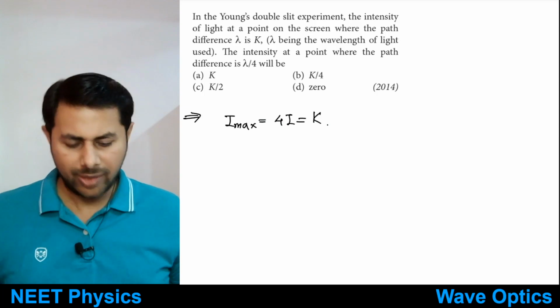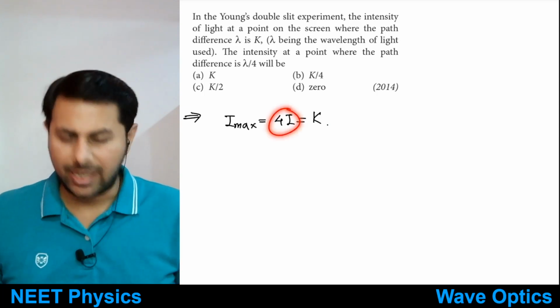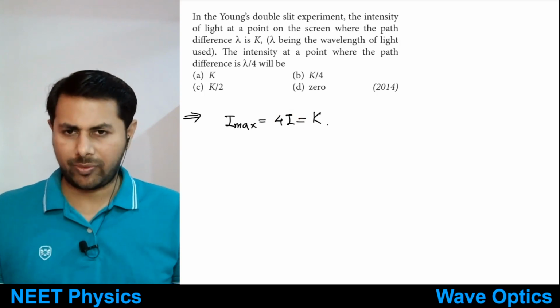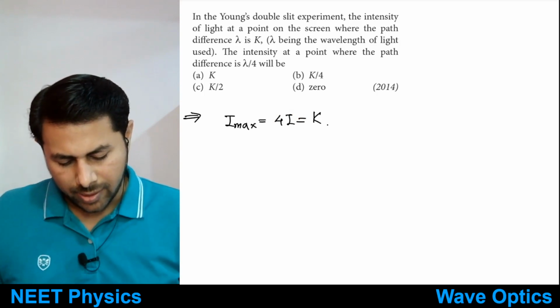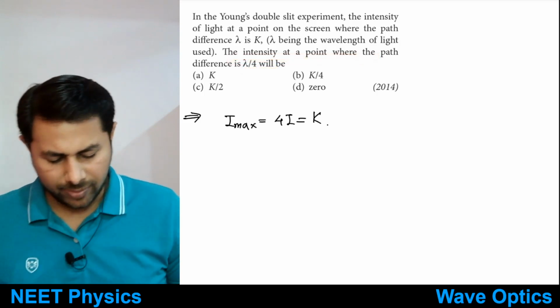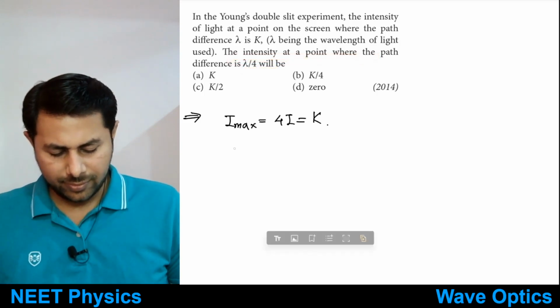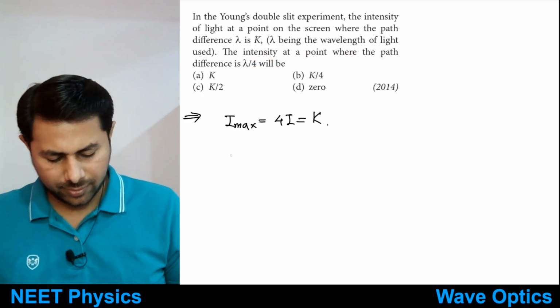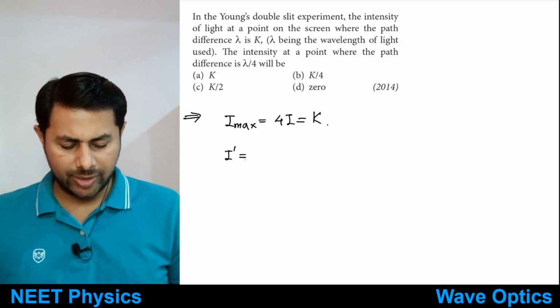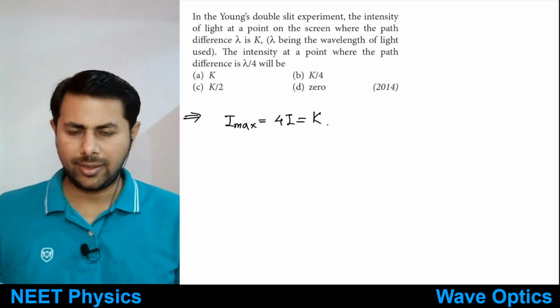You can write it this way. Okay, we know that I max would be equal to 4 times the intensity of one wave, right? The intensity at a point where path difference is lambda by 4. We just solved this. Tell me. It would be equal to k by 2, right?